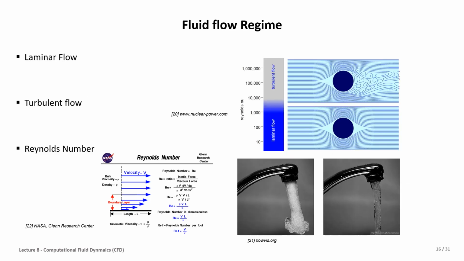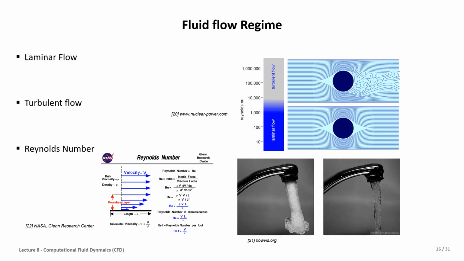In fluid dynamics, we have types of flow, or what we call flow regimes, which are laminar flow and turbulent flow. To visualize these two different regimes, here we are presenting flow passing a cylinder.